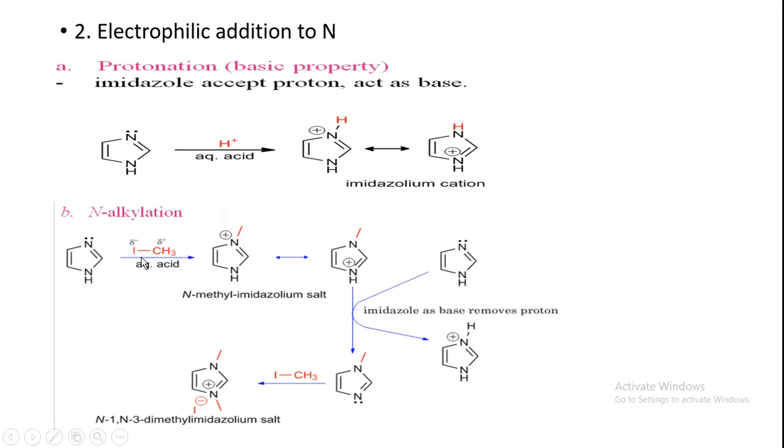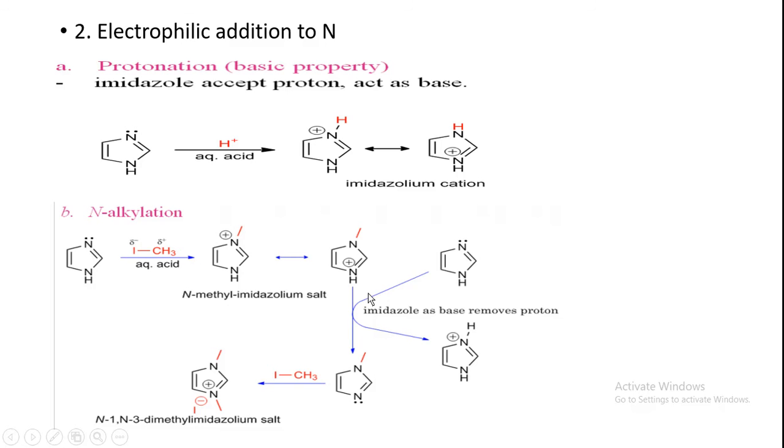So you just see iodine is electronegative, then your CH3 has a delta partial positive charge. So CH3 will first attach to the lone pair of electrons of the nitrogen. So here you see it will acquire positive charge, so it is N-methyl imidazolium salt, okay.